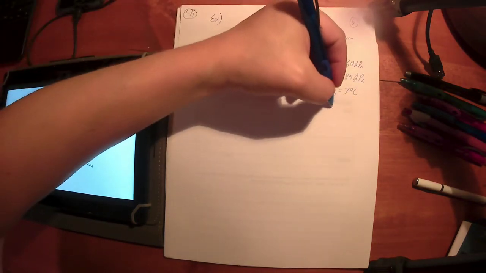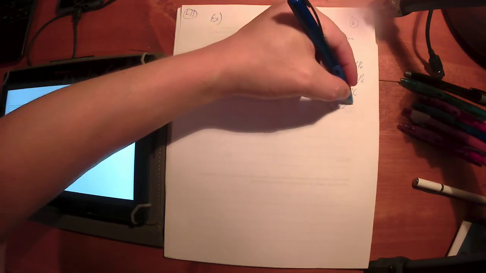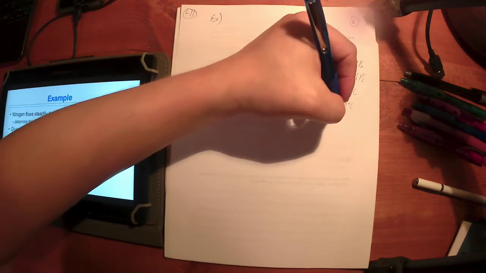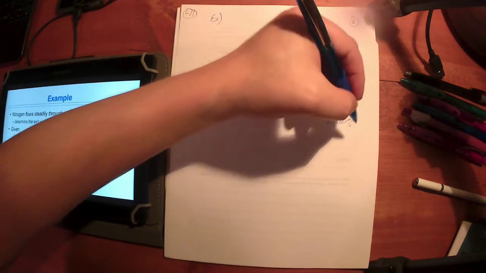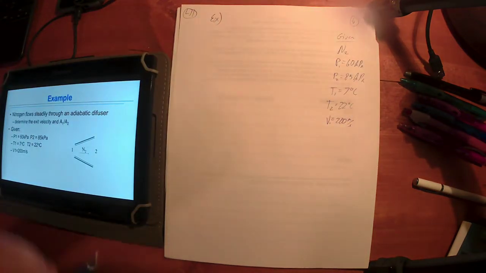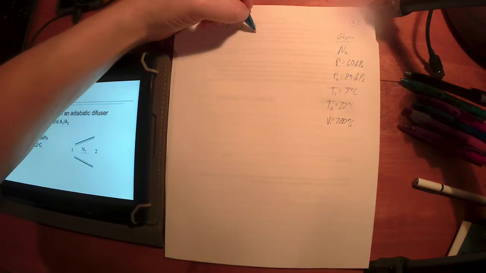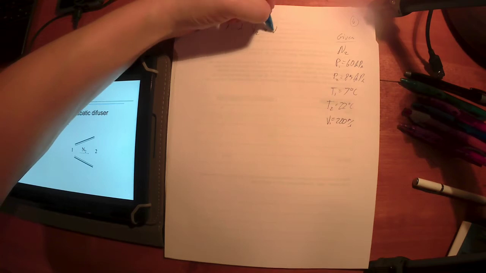They've given me an exit temperature, 22 degrees Celsius. They've given me an inlet speed of 200 meters per second. And they want me to find the exit speed and the ratio of areas, A1 to A2.